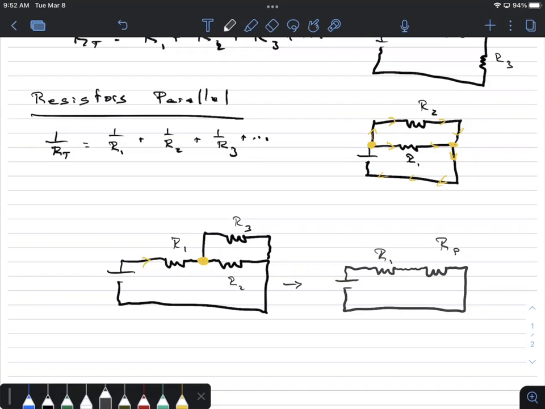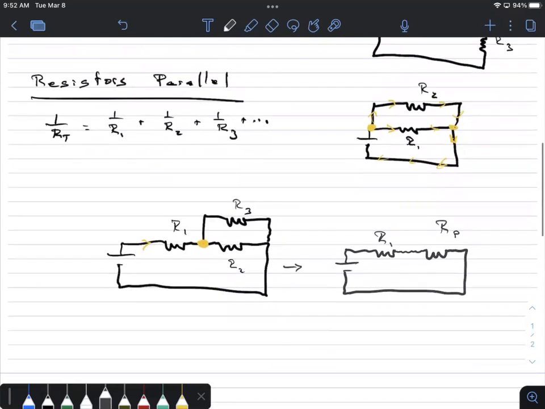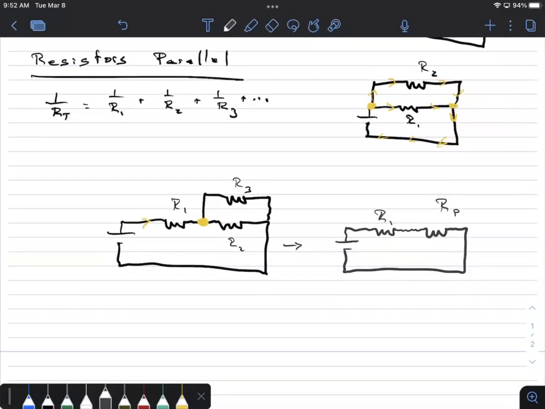And the key, the kind of art of this analysis is, yes, we know the rules and we know the equations, but it's not always perfectly clear. You don't always do this or always do that. You have to look at your particular circuit and see what you can do first. As I said, I can't mess with R1 at the beginning of this example.